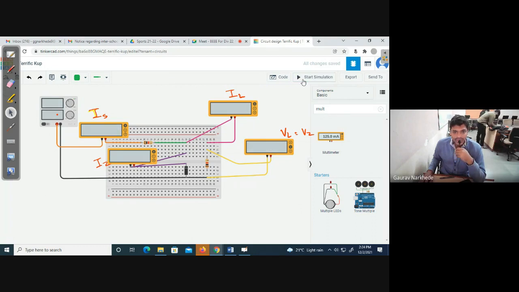I'm stopping the simulation. The values are negative because I have connected this wrong. देखो जो pickup point है वो यहाँ पर चाहिए. ये थोड़ा उल्टा हो गया. This positive, this negative is connected here.